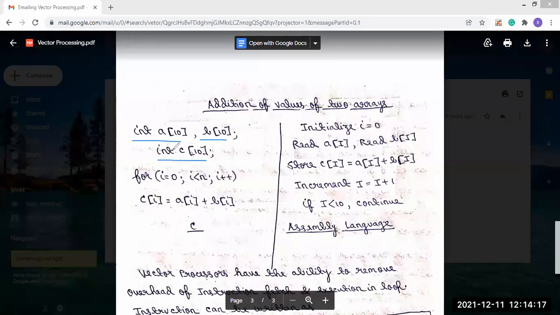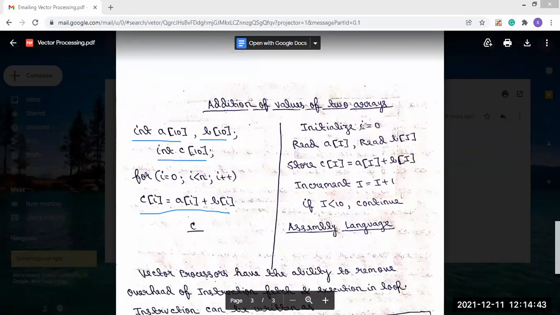Then we use a for loop, and inside this for loop we perform C[i] = A[i] + B[i]. If we want to add two arrays in C, we perform it like this.